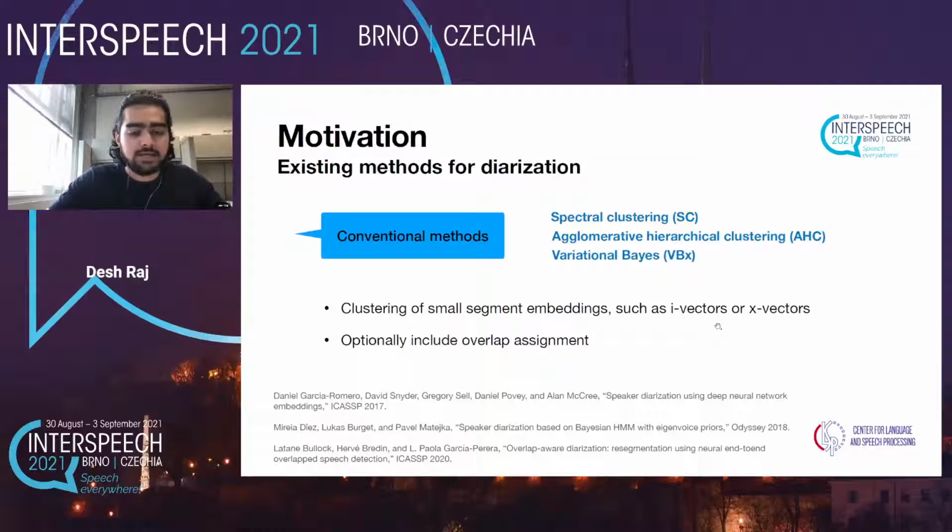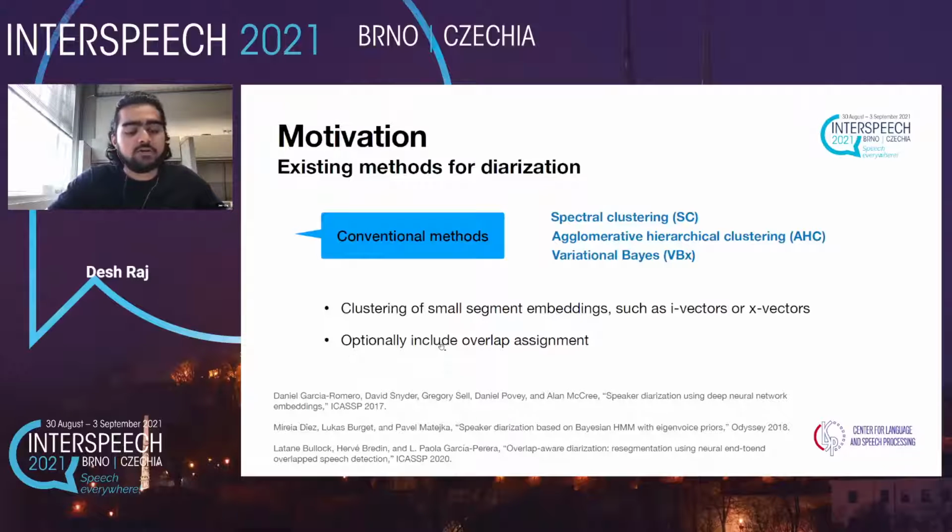Once we have the embeddings, we cluster them using techniques such as agglomerative hierarchical clustering, spectral clustering, variational Bayes, and so on. After this clustering step, we obtain a segment level assignment for the speakers, which is the diarization output.